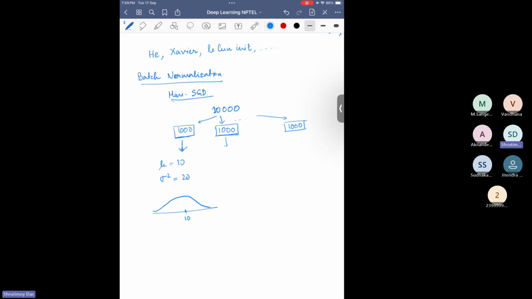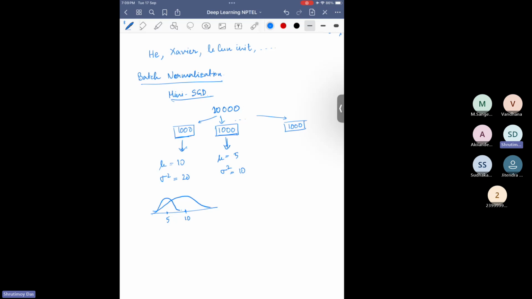But when I look at the second chunk, suppose my mu is 5 and my variance is say 10. If we look at the same curve, it will be centered at 5 and look something like this. So for different chunks of data, it may have different statistics.